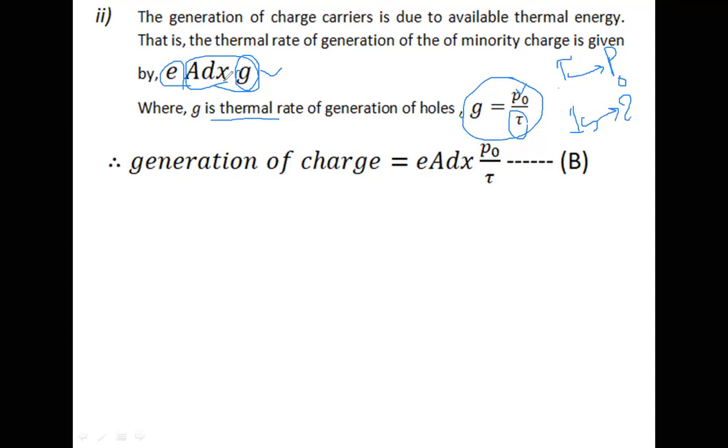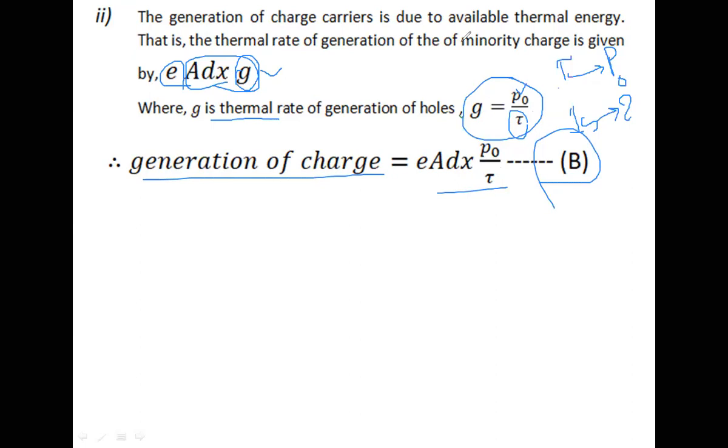So this is the meaning of this e A dx into G. Now if you substitute the value of G, P naught by tau, you will get the expression for the generation of charge within the semiconductor block. e A dx P naught by tau, that is considered, this is equation number B.